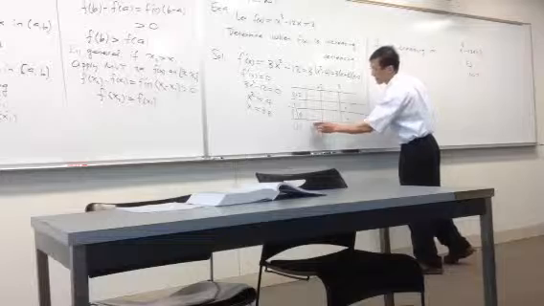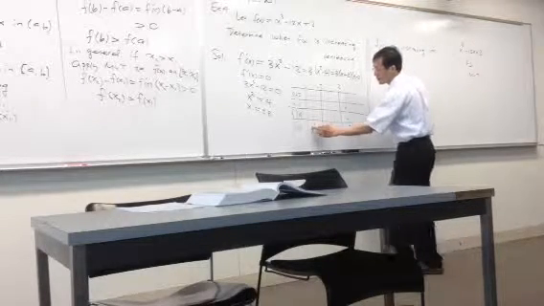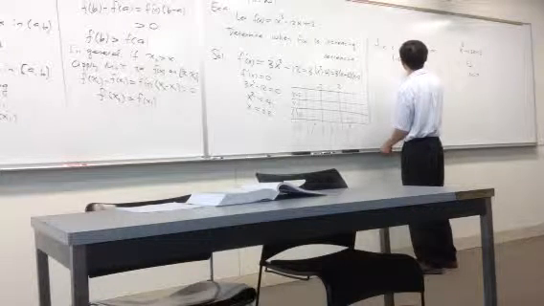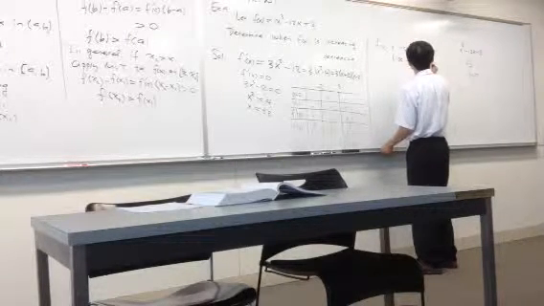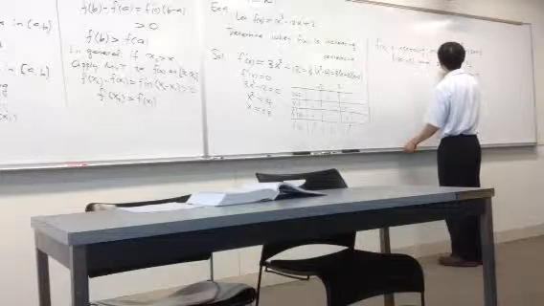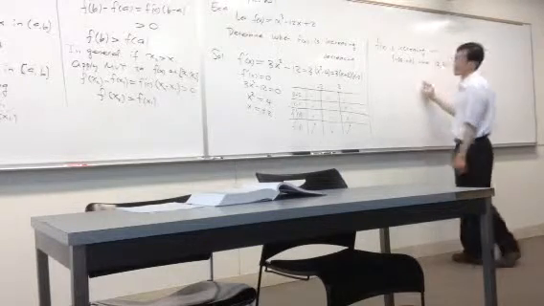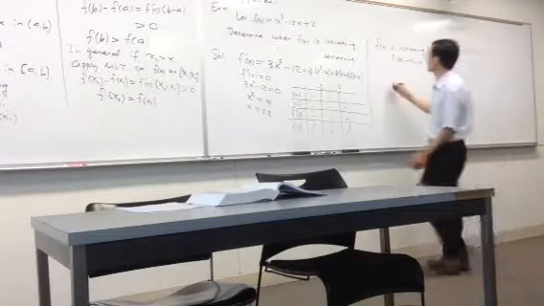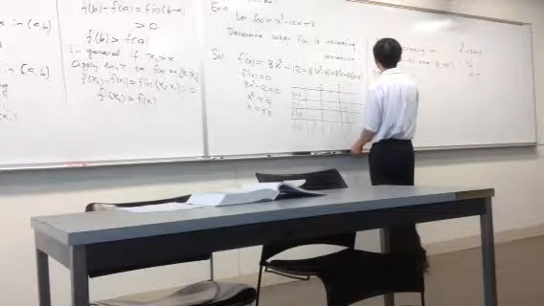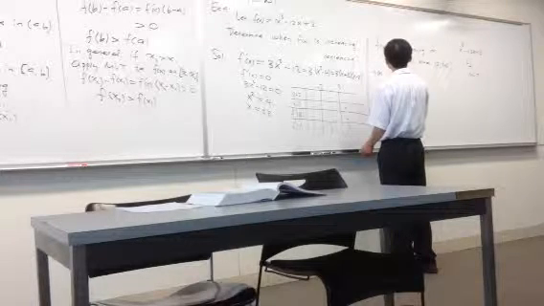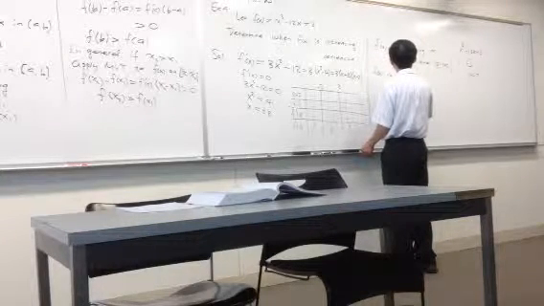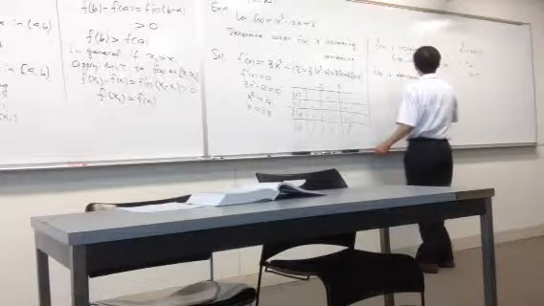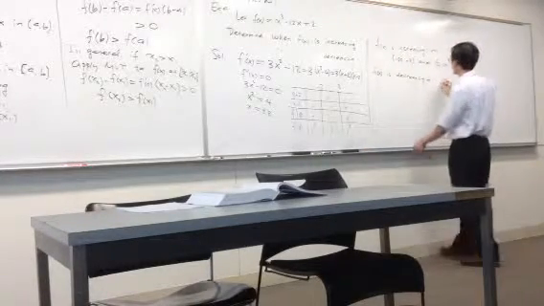Negative infinity to negative 2 and 2 to infinity. That's right. And f x is decreasing on the middle interval, minus 2 to 2.